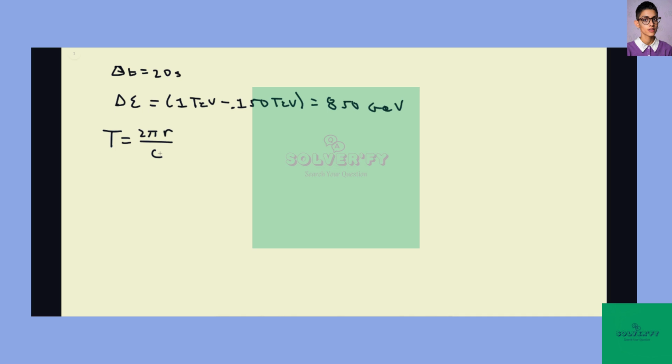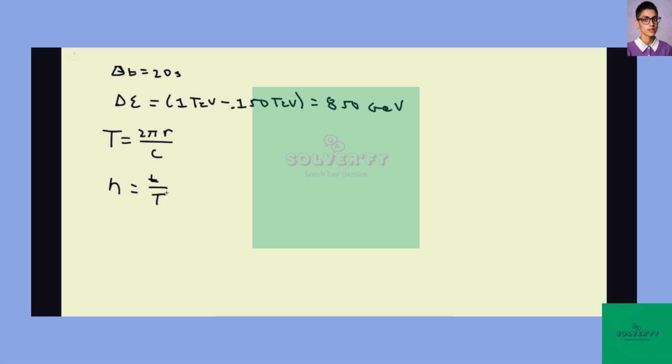But now we need to know how much energy is gained per revolution. So we need to know how many revolutions the particle takes in the 20 seconds. So the total number of revolutions is equal to the total time that it's traveling divided by the period, the time it takes.